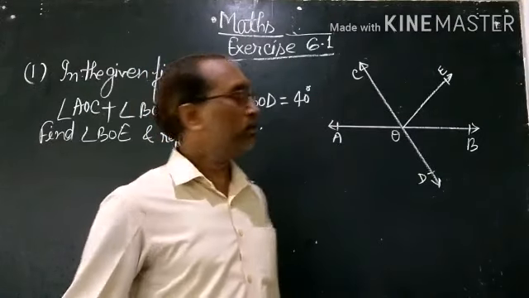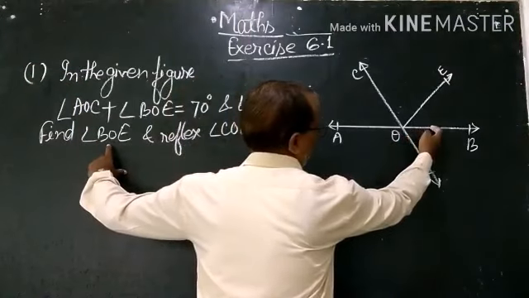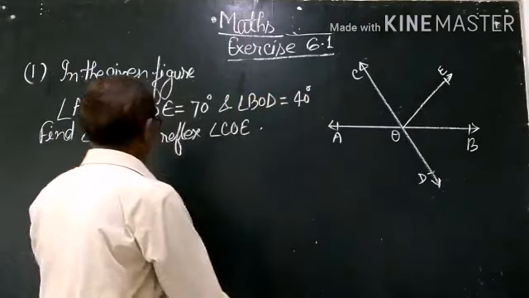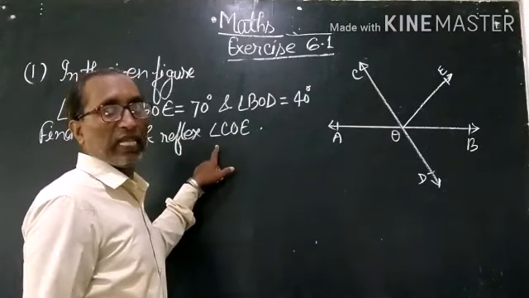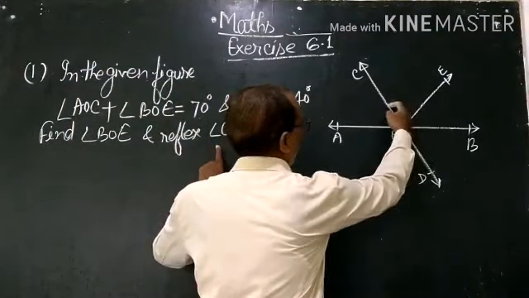You find out angle BOE, and reflex angle COE. First you find angle COE, then you find reflex angle COE, meaning this angle.